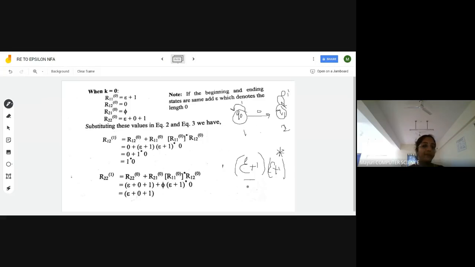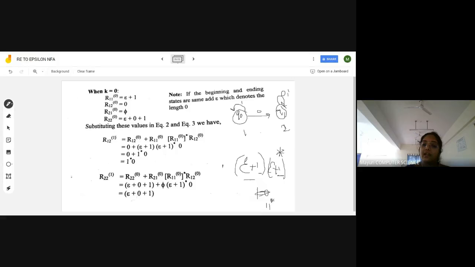Do you have any meaning for epsilon? No. What is the major string to be accepted out of this? Either 1 or 1 followed by 1 star.